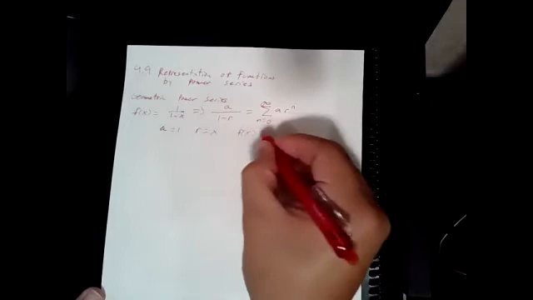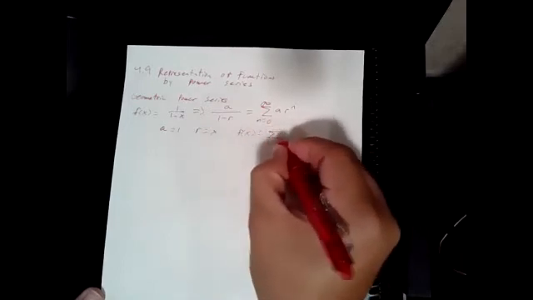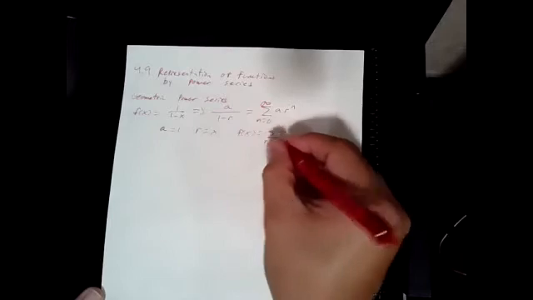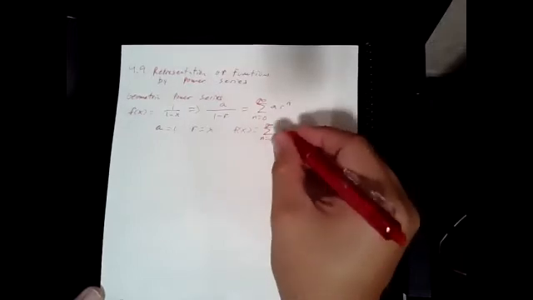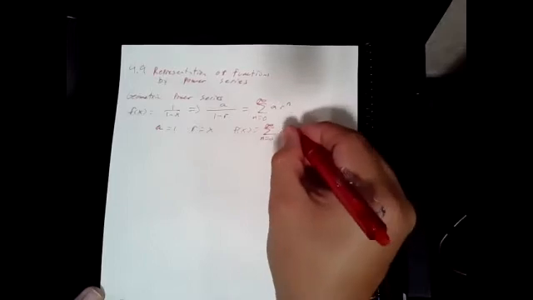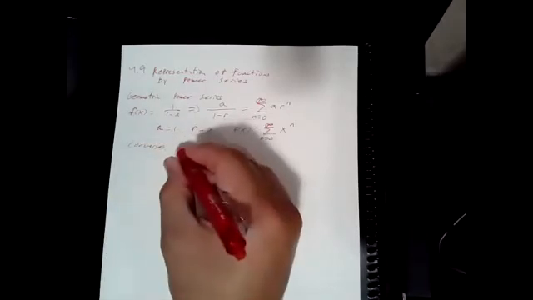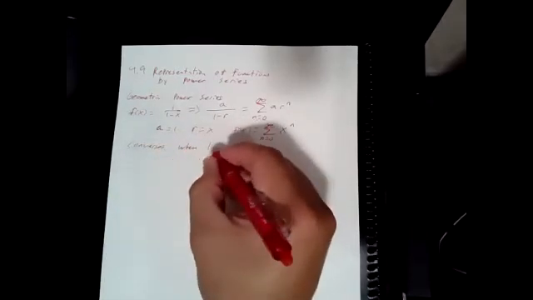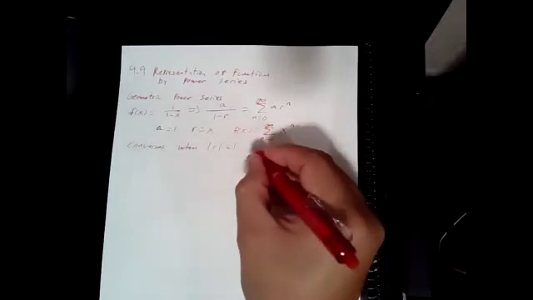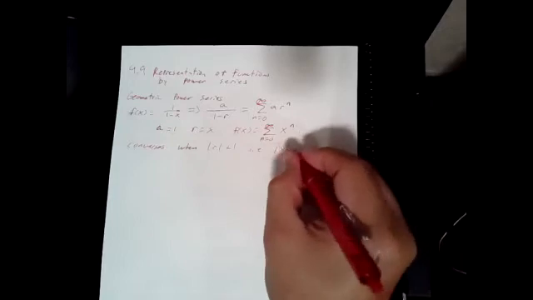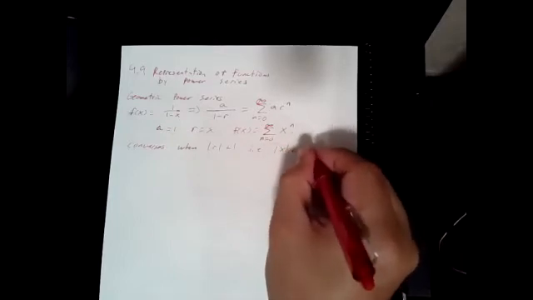F can be written as a series of x to the n. And remember that this converges when the absolute value of r is less than 1, and that is to say that the absolute value of x is less than 1 in this case, which means the radius would be 1.